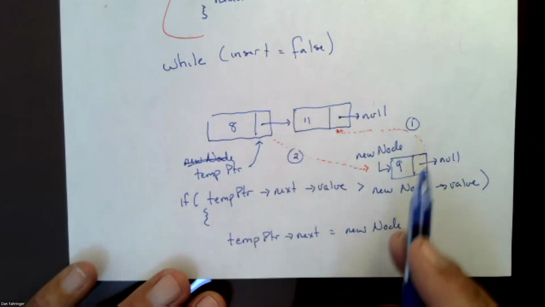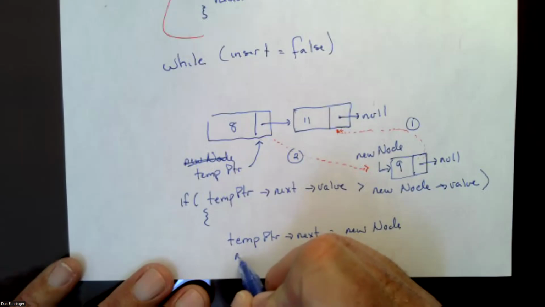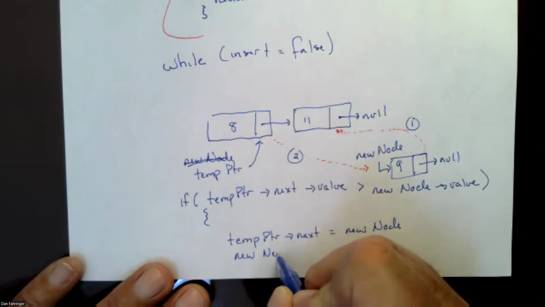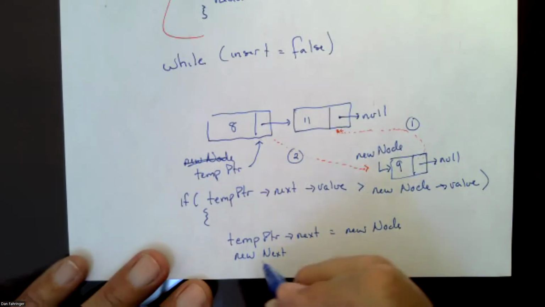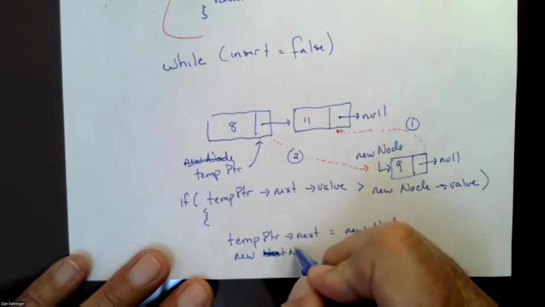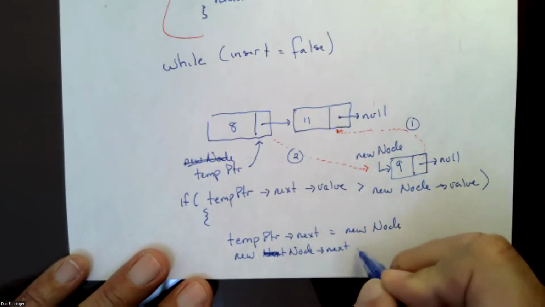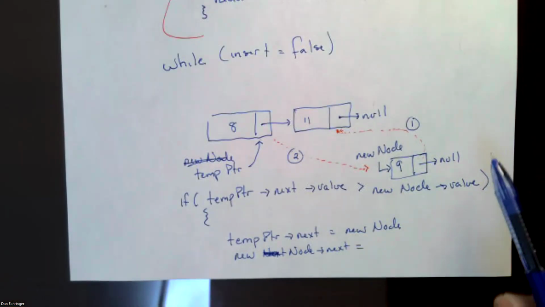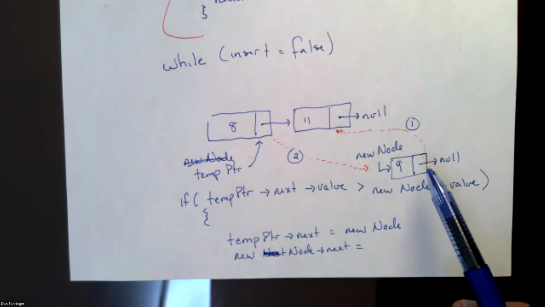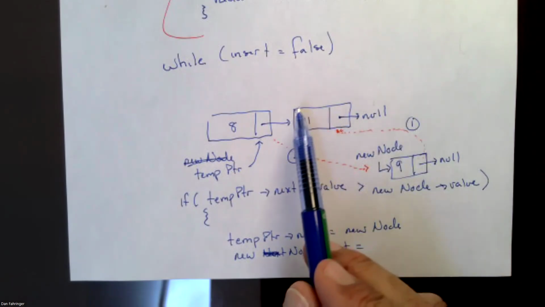So new node's next gets the value of, again, this is an address. Where is this address?